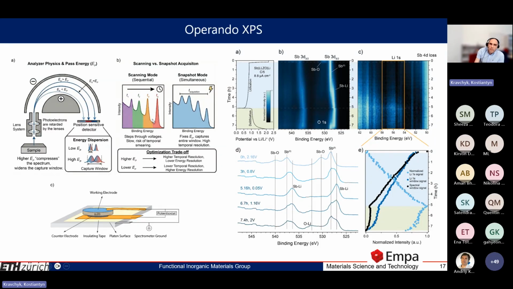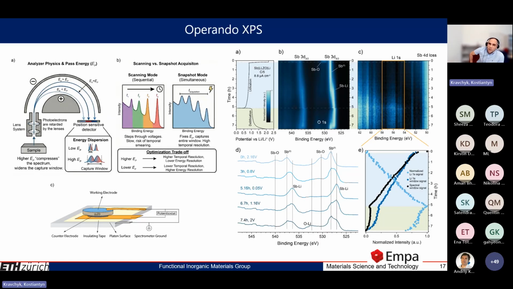But of course, during these measurements, which might take hours, your surface could change, and you cannot record any changes of your surface during electrochemical measurements.